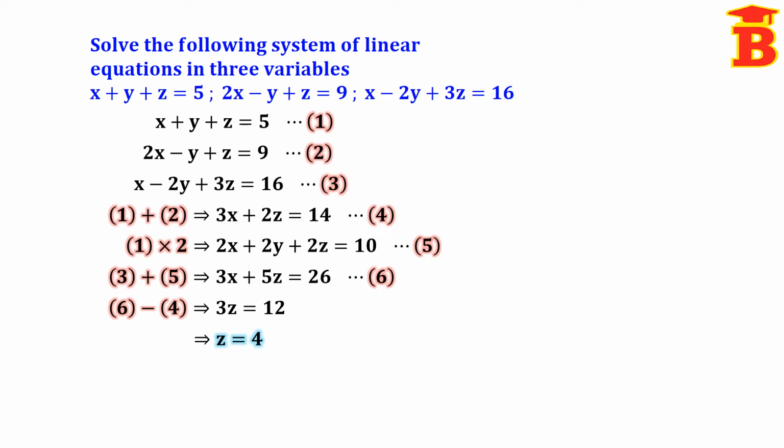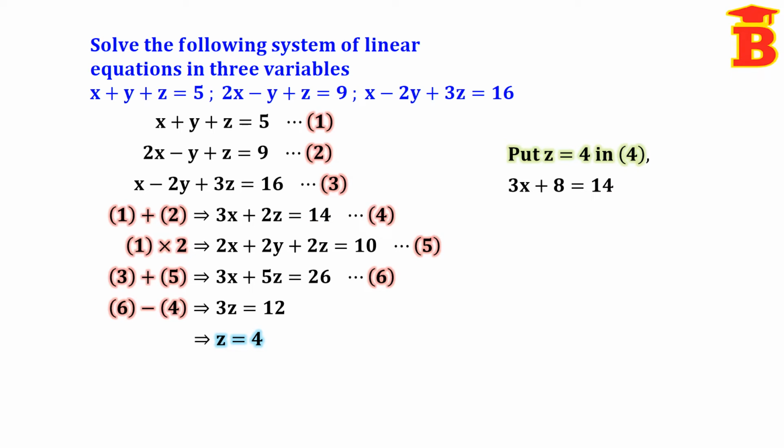If we get any one variable, then substitute that value and we can get the other variables very easily. So put z equal to 4 in the fourth equation. This is the fourth equation: 3x plus 2 into 4, 8, equal to 14.